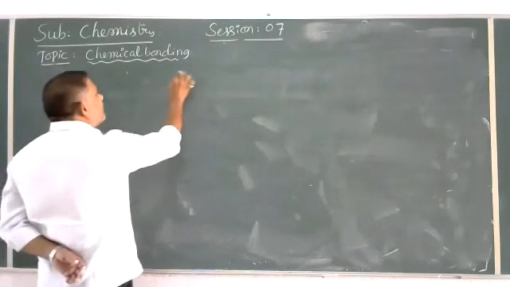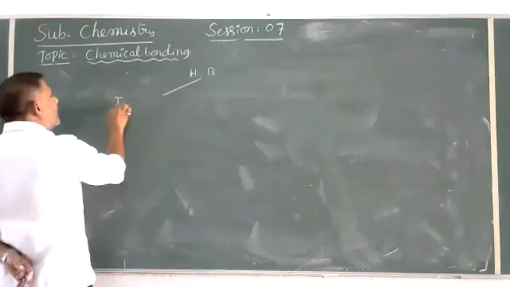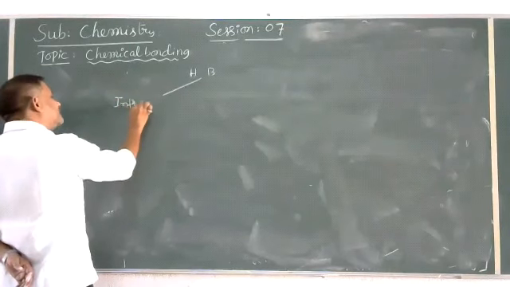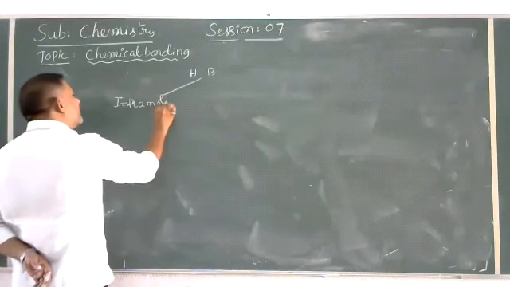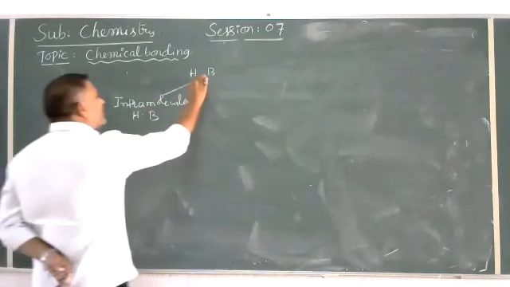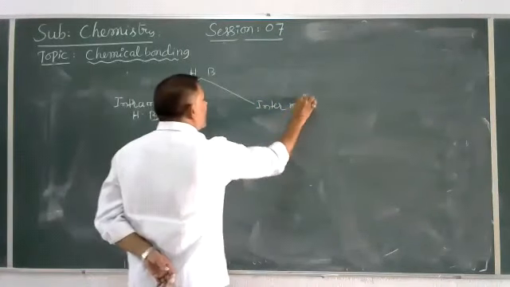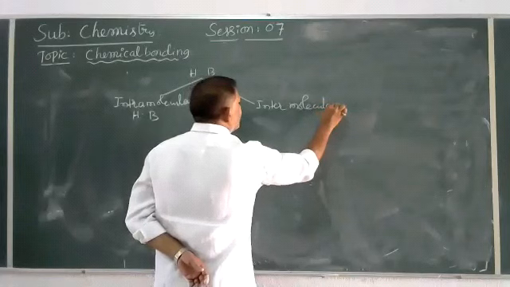Here are the types of hydrogen bonds. One is the intramolecular hydrogen bond, HB. Another one is the intermolecular hydrogen bond, HB.